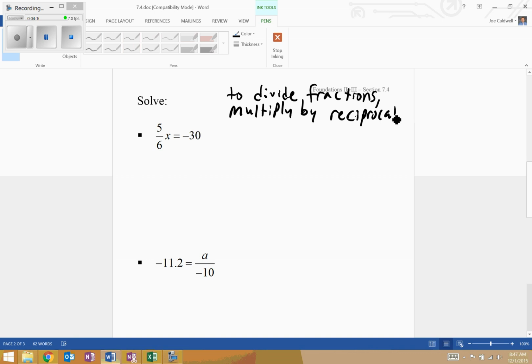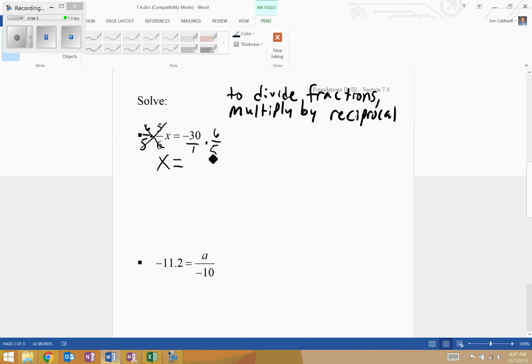So to divide fractions, you multiply by the reciprocal, right? So I'm really dividing by 5/6, but what that really is, is multiplying by 6/5, right? Because then the 6's cancel out, the 5's cancel out, and I'm just left with x on that side. But of course, whatever you do to one side, you have to do to the other side.